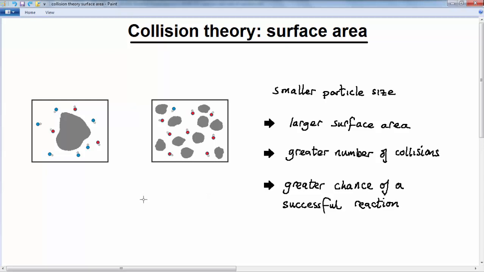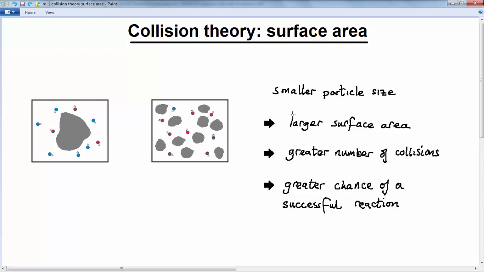The kinetic energy on impact is only really influenced by the temperature of the reactants. It is not influenced by the surface area, but the surface area is very important in increasing the reaction rate because it increases the probability of a collision between the reactants and therefore the number of collisions that are actually taking place.